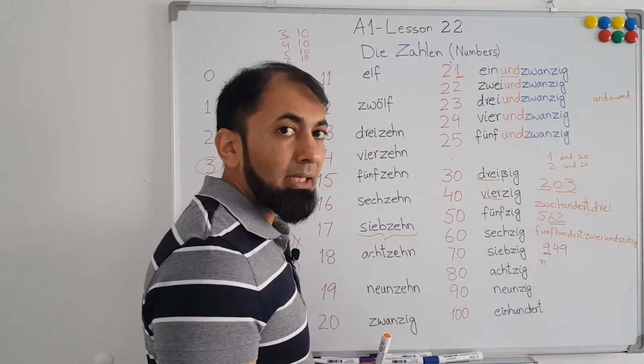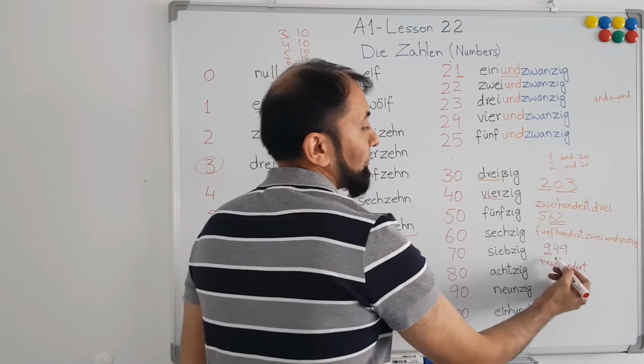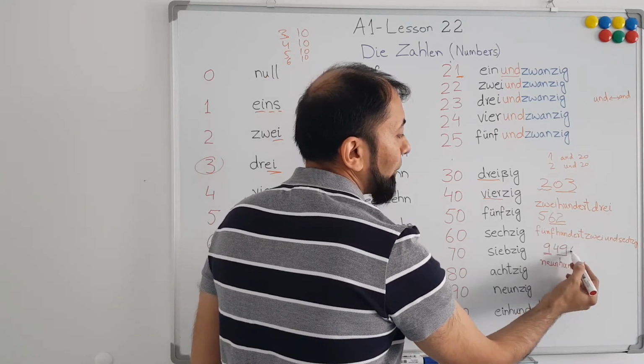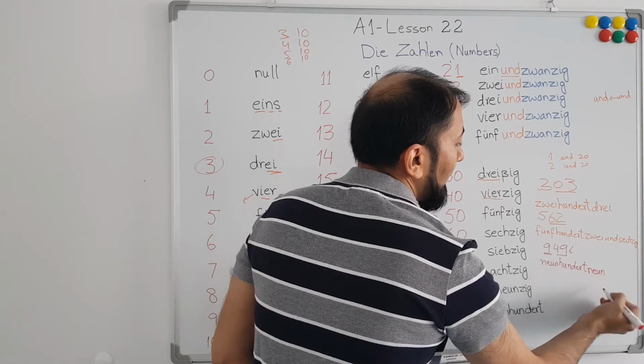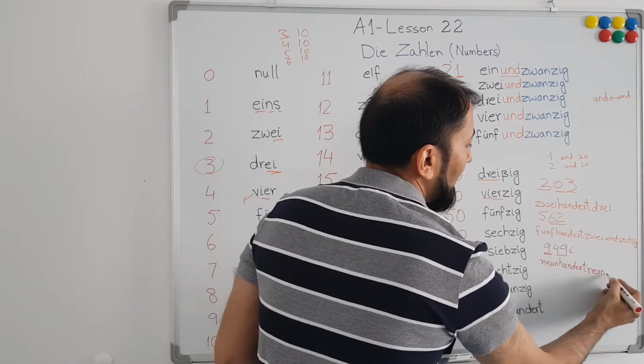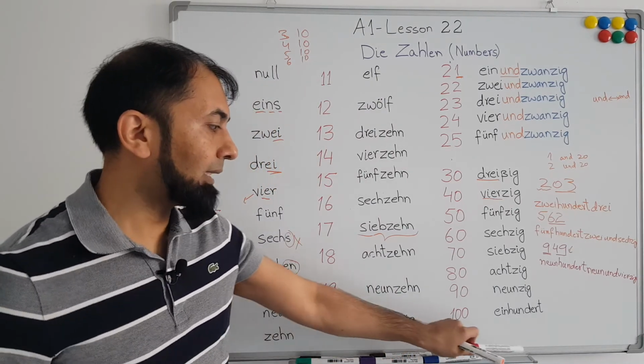First we will take this number, which is 900. Then from these two we have to take the right one, which will be 9 again. 9 und 40. So this is how we count in German.